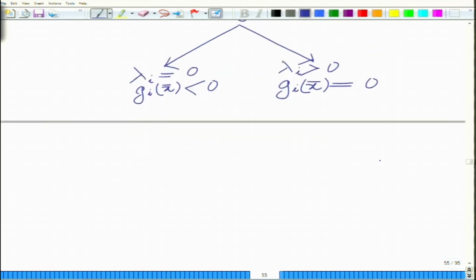So, in this case, the constraint is tight, it is met with equality.